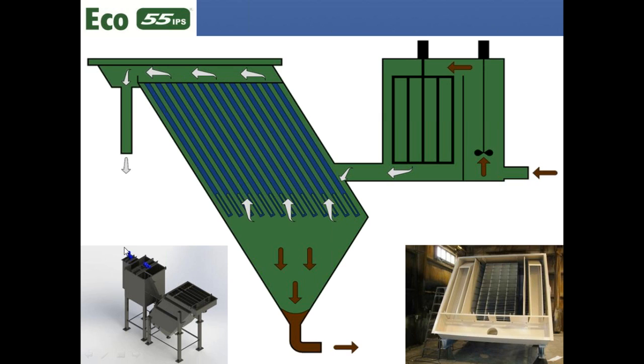We model all of our systems in 3D CAD, so it's very simple for us to do layout and arrangement drawings through a facility plan, and we do all of our construction within the U.S. for our incline plate IPS line.